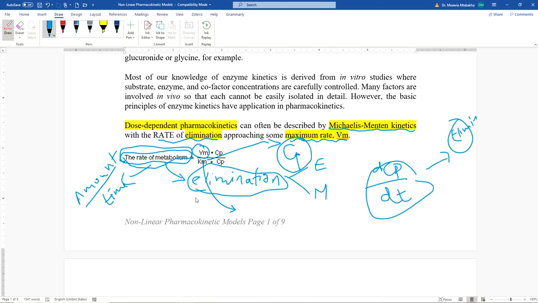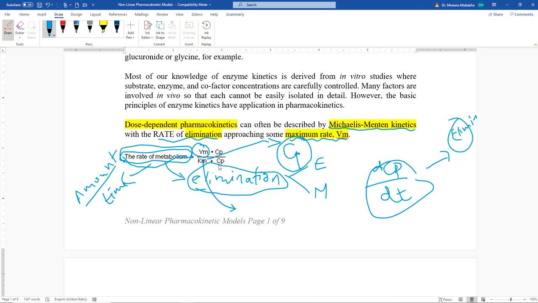How is that? For example, if we consider Cp, which is the concentration, not the constant, the Cp, the concentration that changes in our body based on time and the dose that we are giving. If we consider Cp to be equal to Km, what will happen?